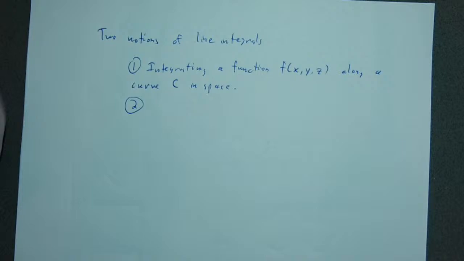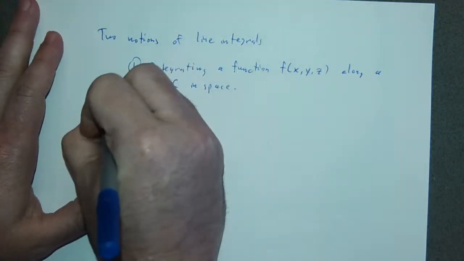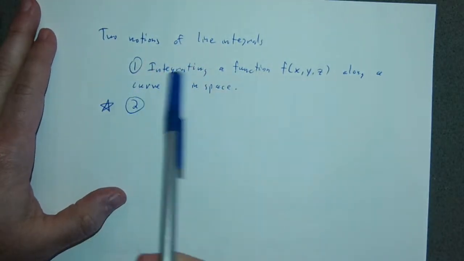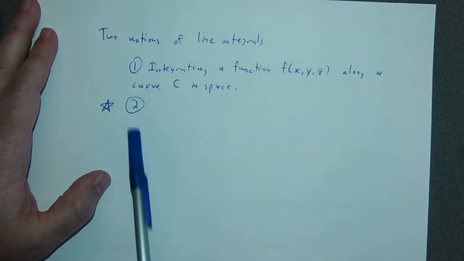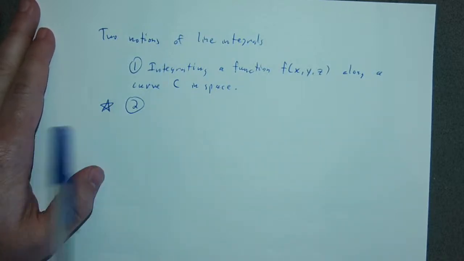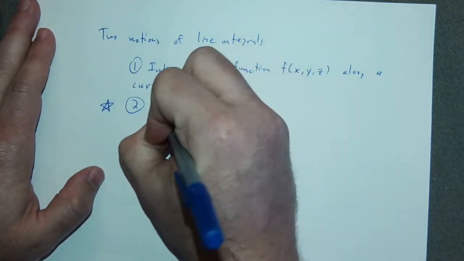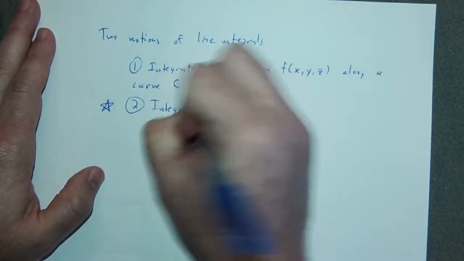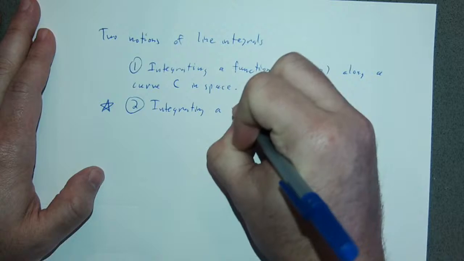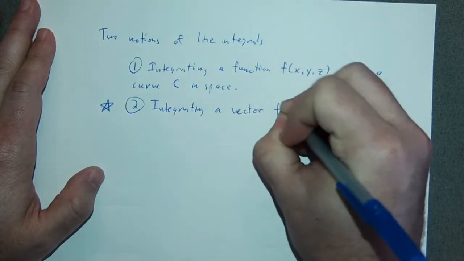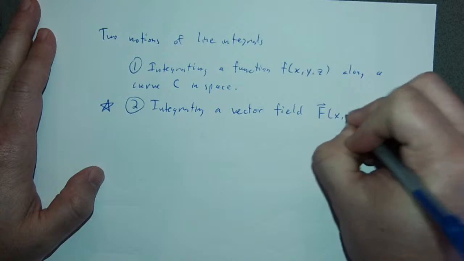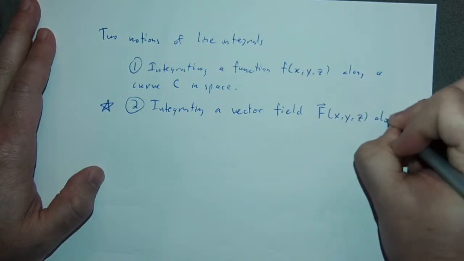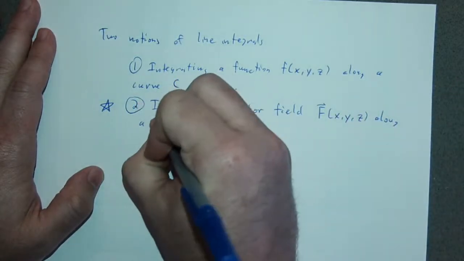And the second one, which is actually the thing we're interested in, is integrating a vector field, big F of x, y, z, along a curve C in space. We are basically only defining the first one because we're required to do that to make sense of the second one.